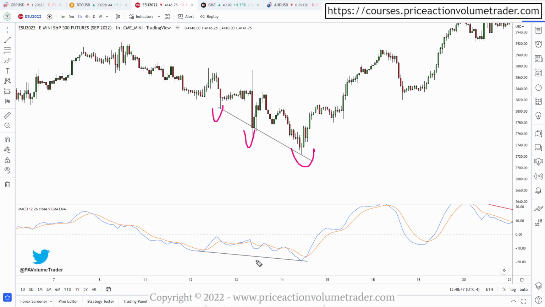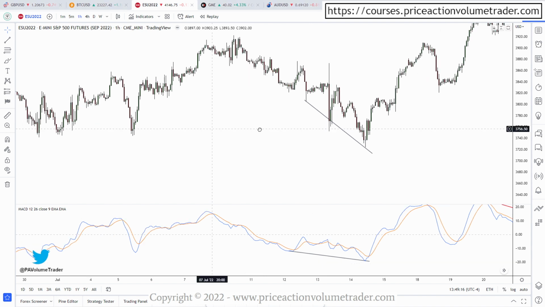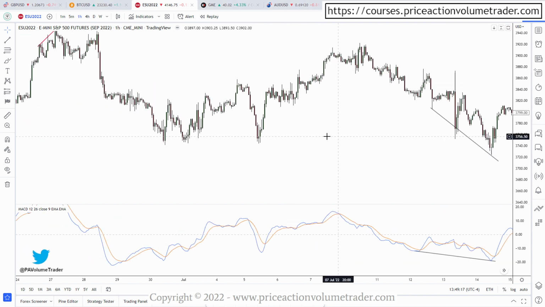And in this case, you can see MACD did not give us any signal. That's why I had it in gray. Sorry, I forgot, I had this in gray marked basically to show you that this is not a signal of anything. Market is pushing down and MACD is also pushing down with it. So even though this looks like a very nice triple drive, we had no confirmation from MACD.